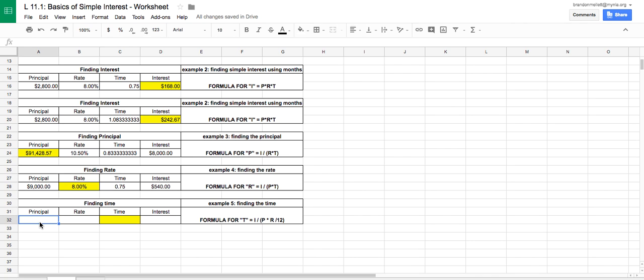Now, finding time is probably the most difficult out of all of these. But let's walk through this one as well. So let's say we have a principal of 4,800. We have a 10% rate. We have $250 in interest. So we're looking for time. So we're going to go equals to start the formula.